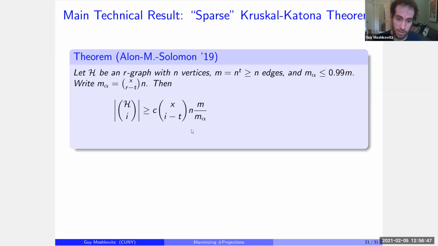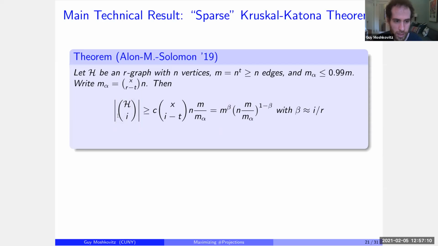And then you might ask, okay, what if I want to prove Kruskal-Katona with the added assumption that our hypergraph is quasi-random, that it satisfies this mild quasi-randomness condition, that it has no dense spots. I'm not going to go into the statement, but here's a rough approximation.